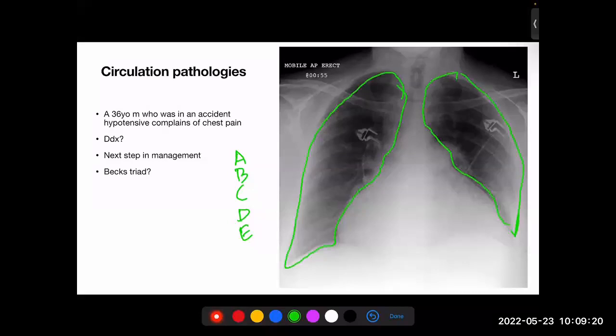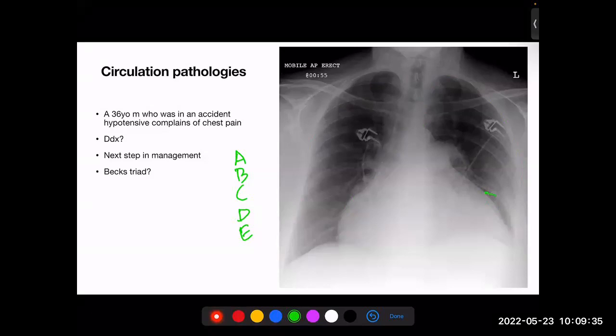And then what's happening to this heart? There is a huge cardiomegaly. Cardiothoracic ratio is more than 50%. And then there is this. You see that? There's a space between the lung and the heart. So what do we have here?